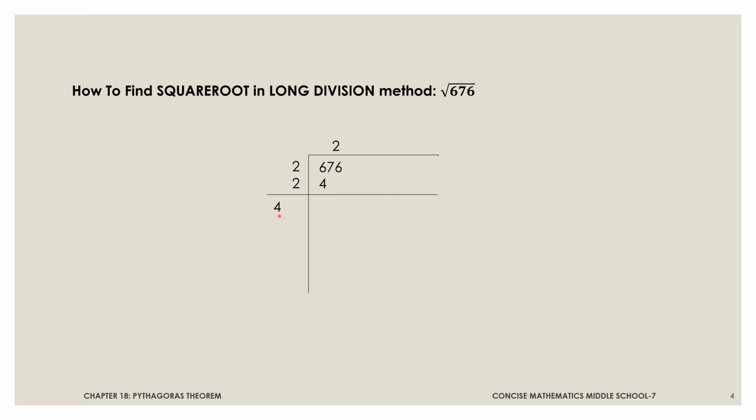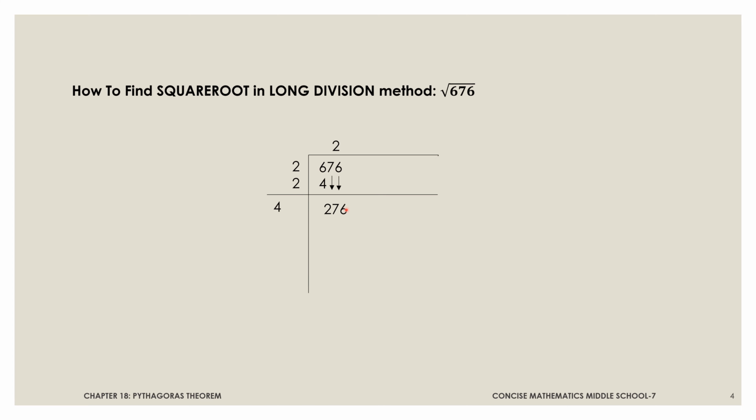2 plus 2 will be 4, 6 minus 4 will be 2, right? And you are going to bring these two numbers down, that is 276. Why we are getting these two numbers is, if you get only one number, it will become 27. Even with this 4, if you multiply 1 then 41 ones will be 41.